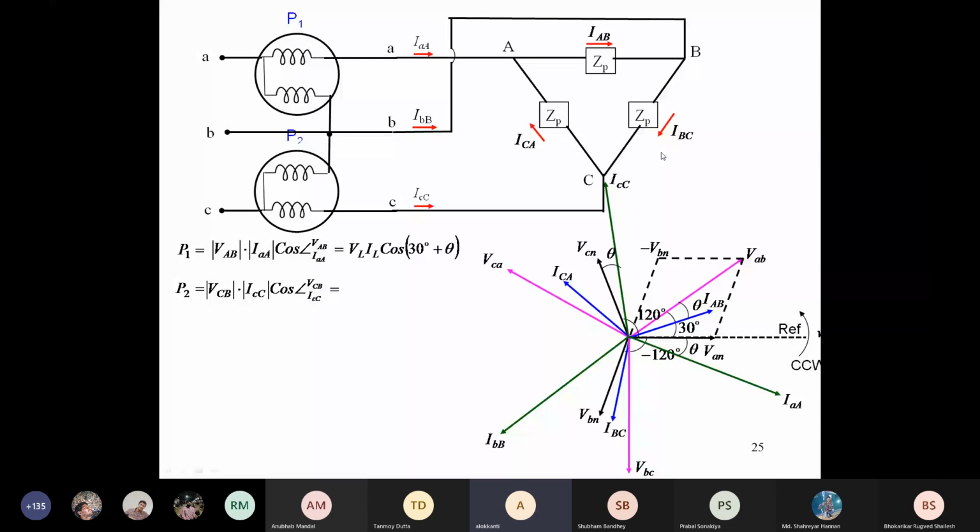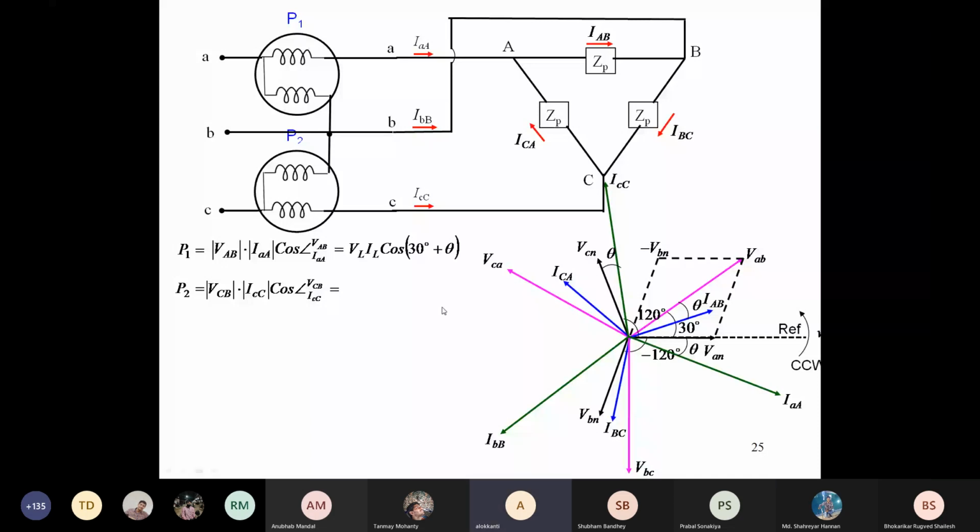And what is the angle of ICC? 120 minus theta. So what is the angle between VCB and ICC? 120 minus theta minus 90, which is 30 minus theta.